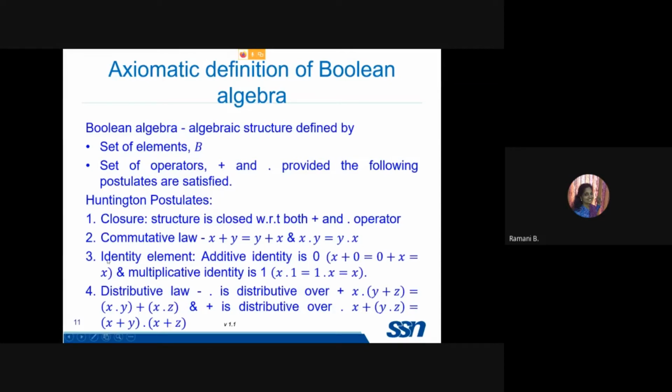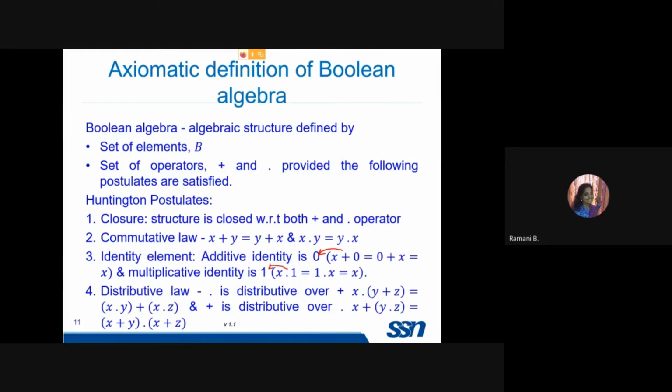The next Huntington postulate is the identity element. The additive identity, that is the identity element with respect to the plus operator, is 0, and the multiplicative identity, the identity element with respect to the dot operator, is 1. Next we have the distributive law.